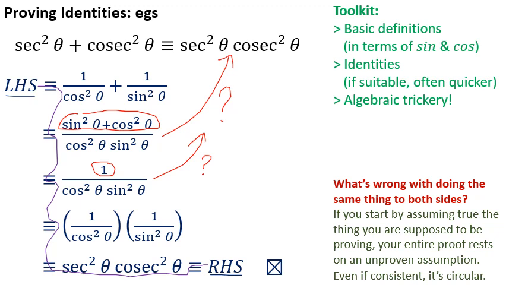Remember that if you start with both sides at the same time and start messing around, you're essentially constructing a circular argument. You're saying, well, if that thing is true, then such and such, then such and such, and maybe you go on to prove that 5 equals 5 and you think that you're very clever. But just because what you've started with does not automatically result in a contradiction does not mean that it's valid.